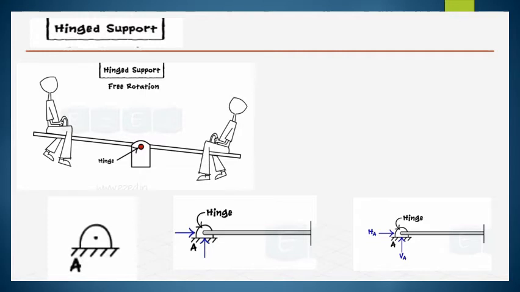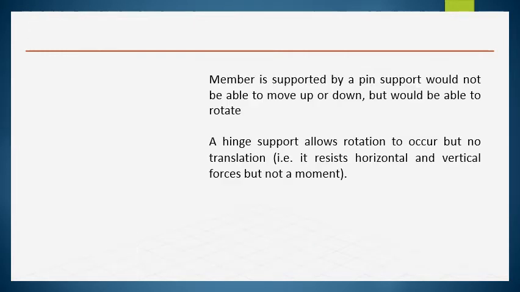as the hinge allows the free rotation. The member supported by the pin support would not be able to move up or down, but would be able to rotate. The best example, as I have already told in the class, for the hinge support is the door.